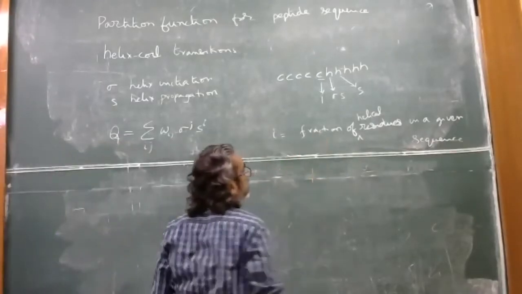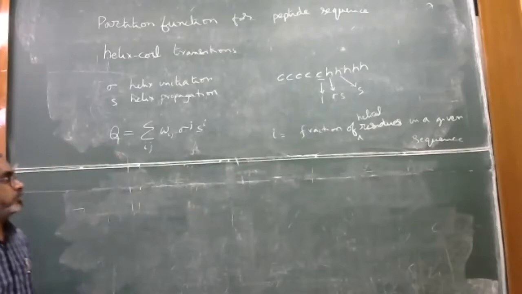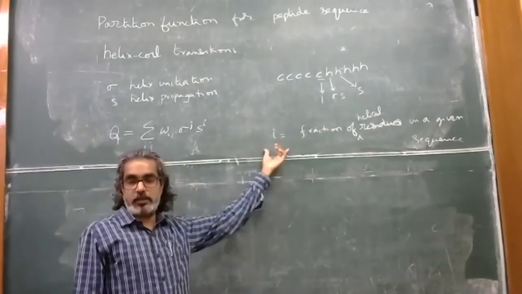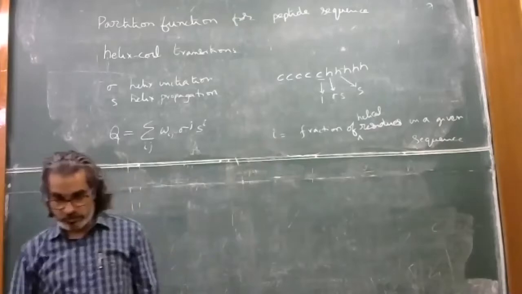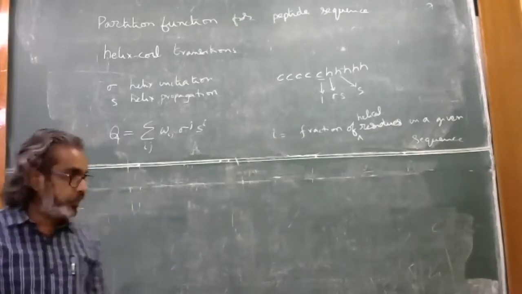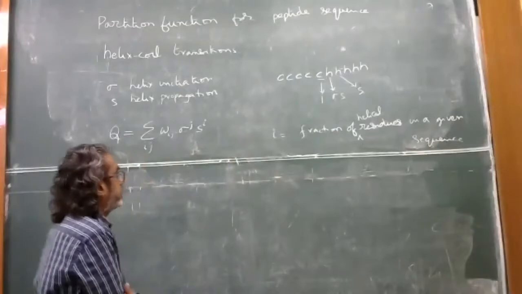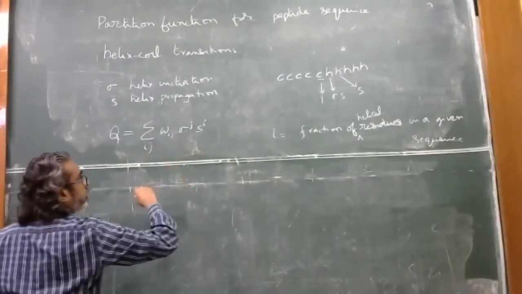For example, given a 40 amino acid sequence, roughly how many amino acids are in the helical state? That would be an interesting thing to know, as it gives you an idea about the structure of the peptide. So how would you get that?